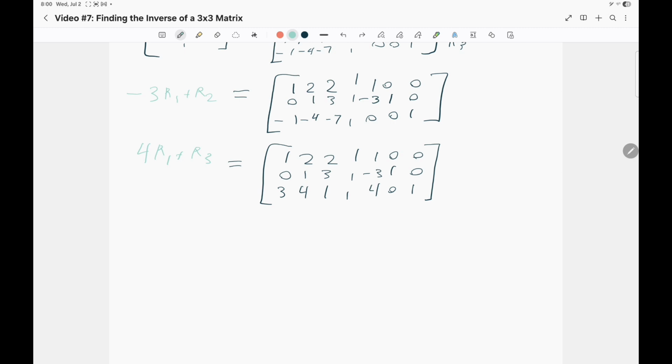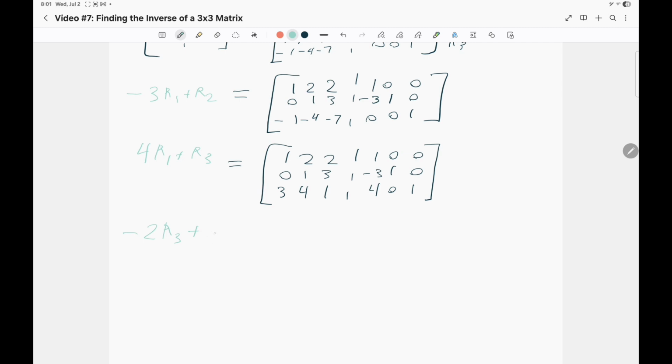So next I'm going to do negative row 3 plus row 1. I'll do negative 2 row 3 plus row 1. That being said, I'm not quite sure if what I'm doing is necessarily the most optimal way.